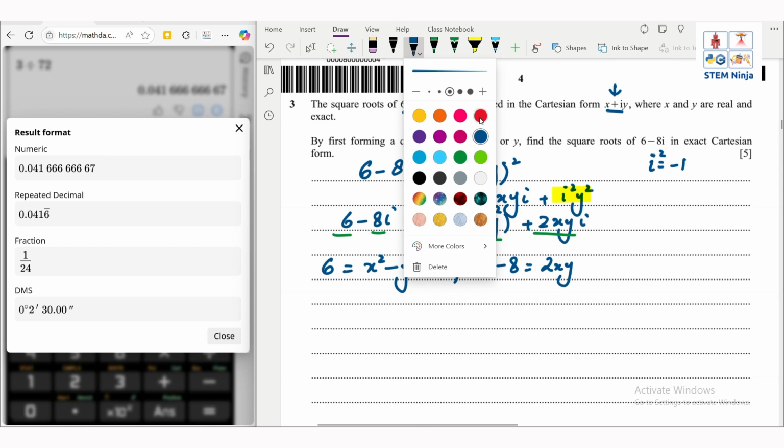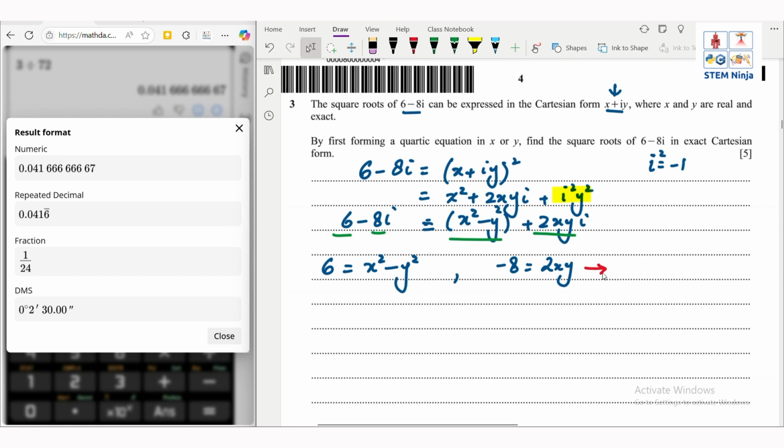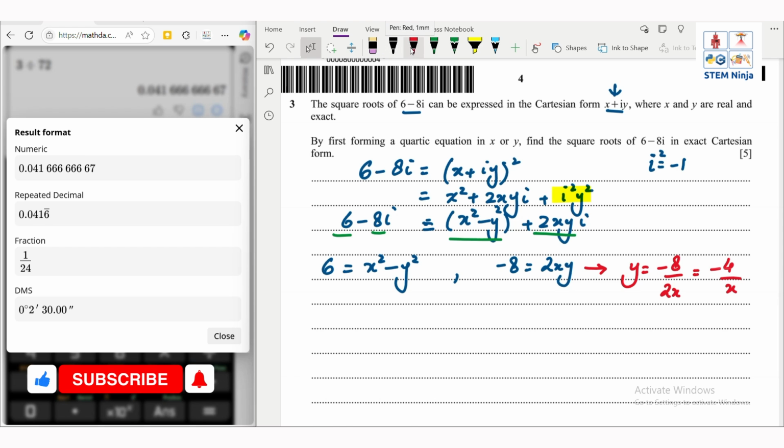The second one leads us to, let's say y, for example, minus 8 over 2x, which is minus 4 over x. So we substitute this back into the equation with the 6. x squared minus the whole squared. So this thing, when we square it, minus will be taken care of.